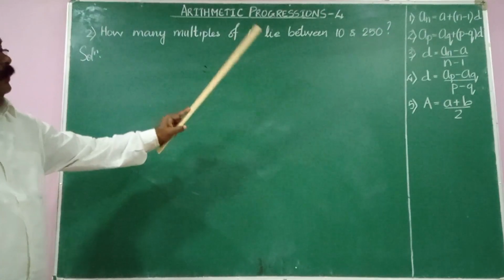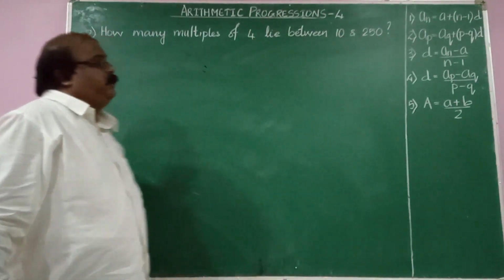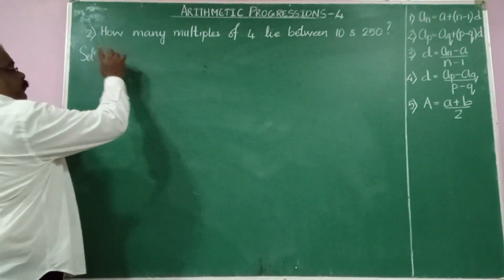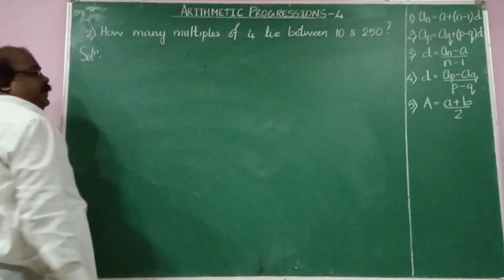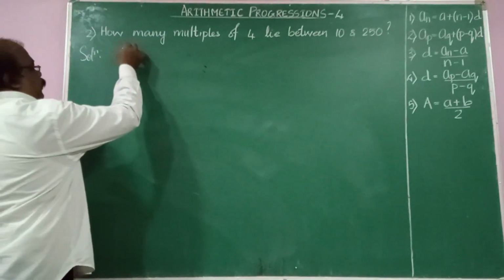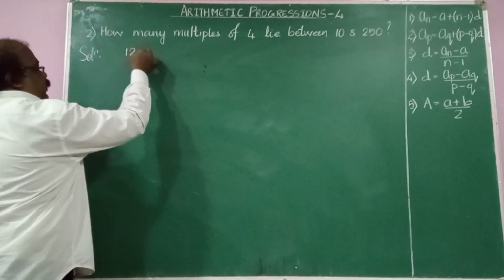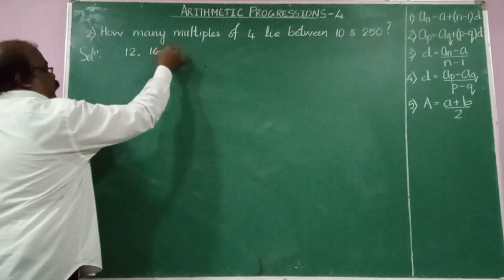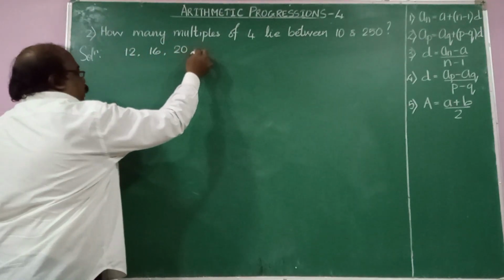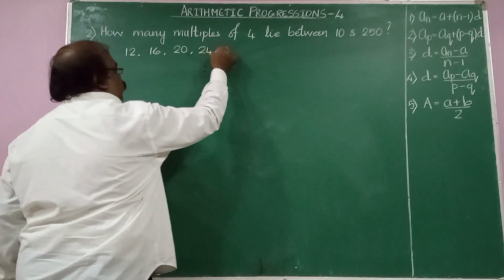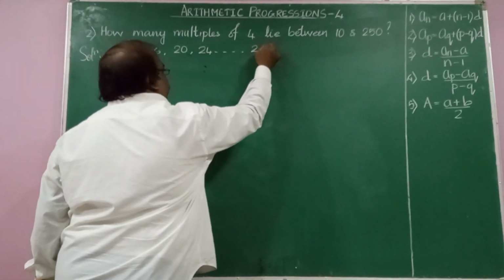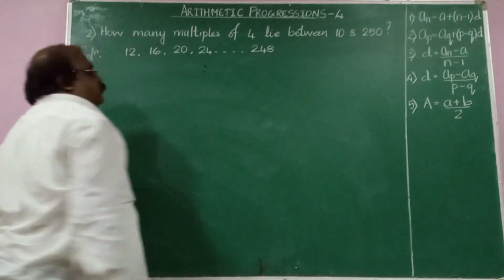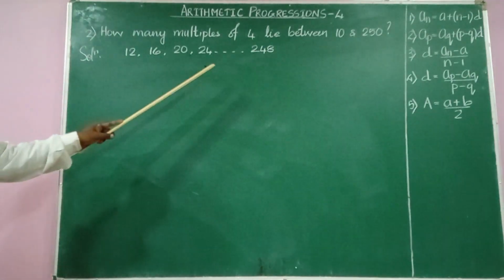Now which are the multiples of 4 that lie in between 10 and 250? I write directly 12, 12 plus 4, 16, 20, 24, and the last term is 248.